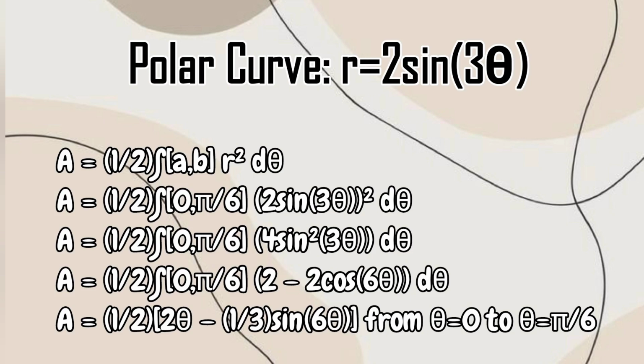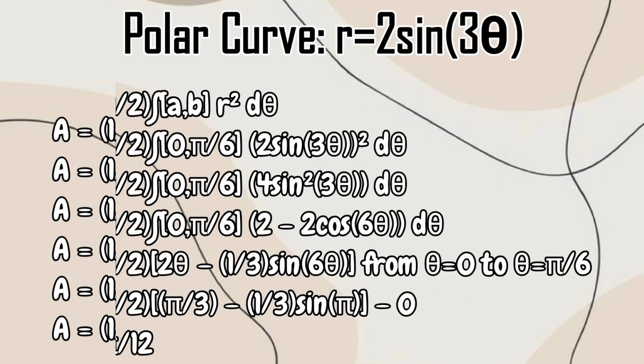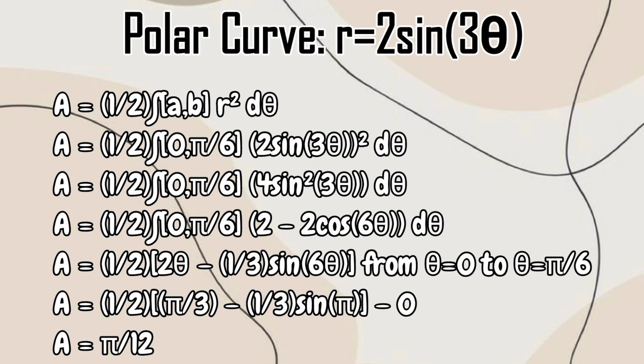So now we have here 1/2 times the quantity pi over 3 minus 1/3 sine pi, minus 0. So now our final answer for the area is pi over 12. Therefore, the area bounded by the polar curve r equals 2 sine 3 theta is pi over 12 square units.